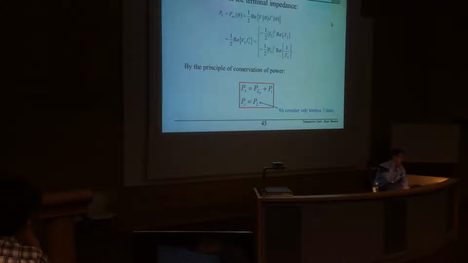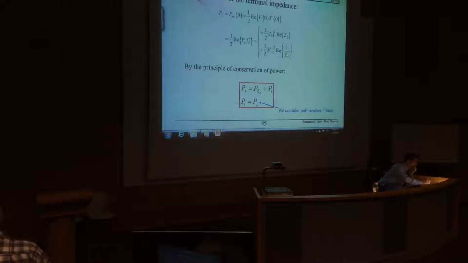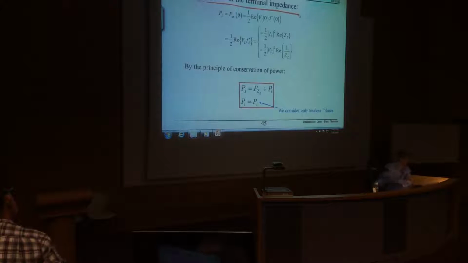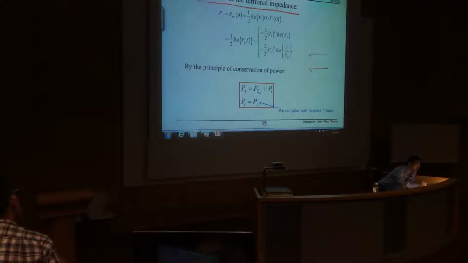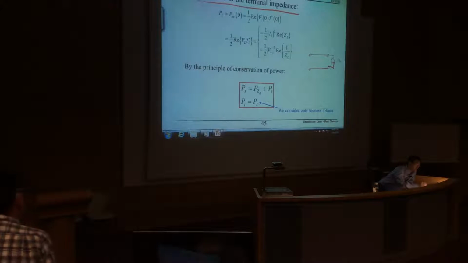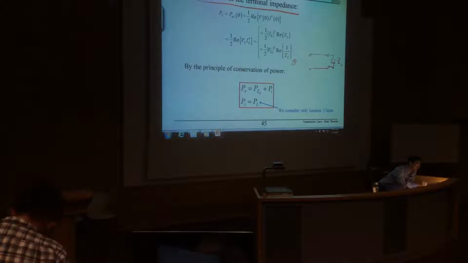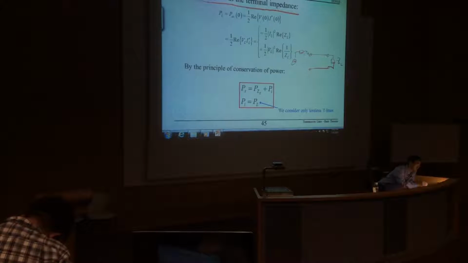Okay, this is not typical. There is another definition of power dissipated in the terminal impedance. What is terminal impedance? Again, I draw this. This is a transmission line, right? This is a load. This is a source, VG.